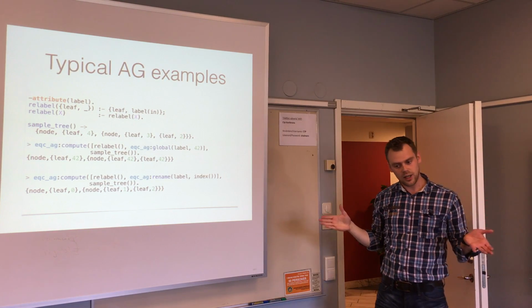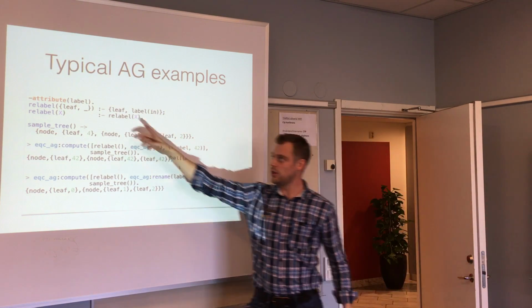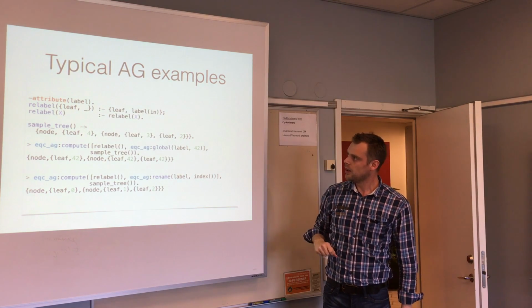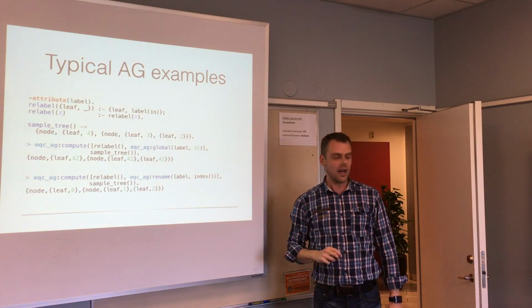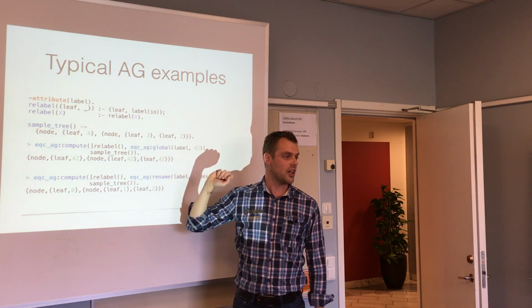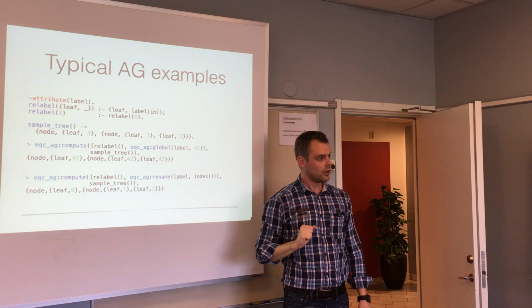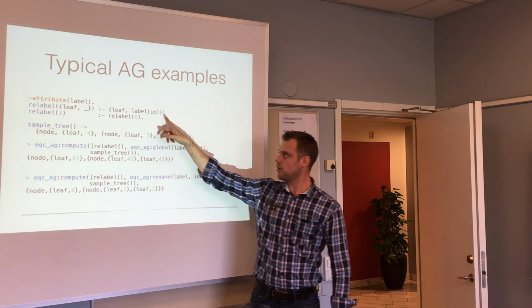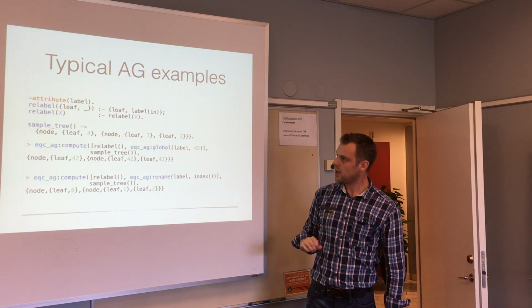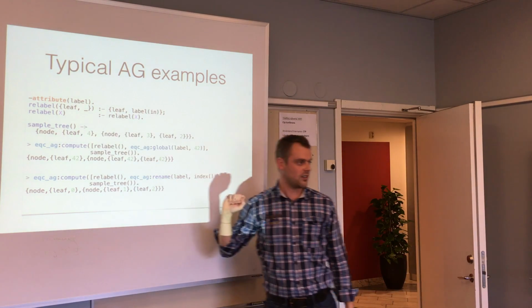If you specify an attribute in a different module, you also need to tell the system, well, this is an attribute, it's not a function. What the relabel attribute does is replace the integer with the value of the label at that current leaf, and leave the rest intact.